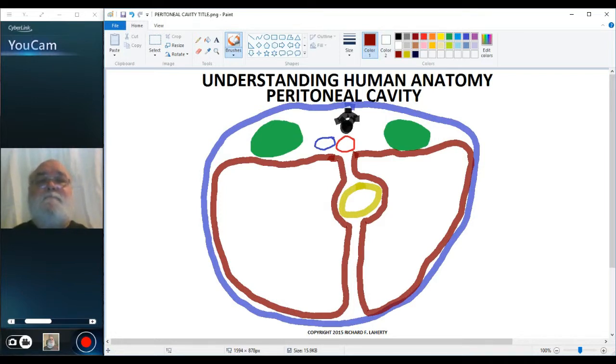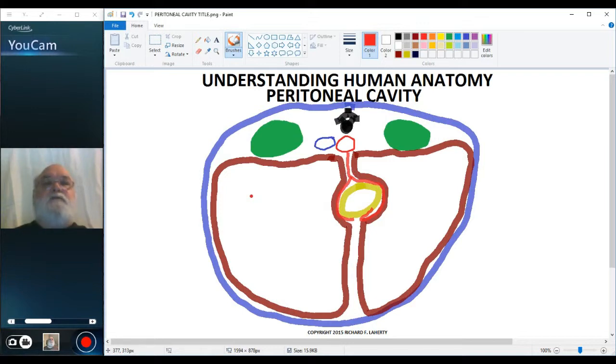And then we will have our arterial supply coming around like so. Now, this is what we'll see somewhere in the 5th week of gestation.